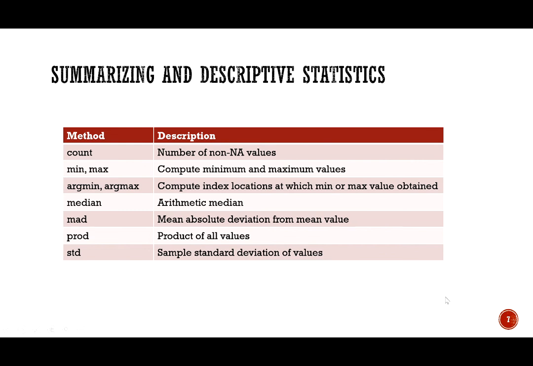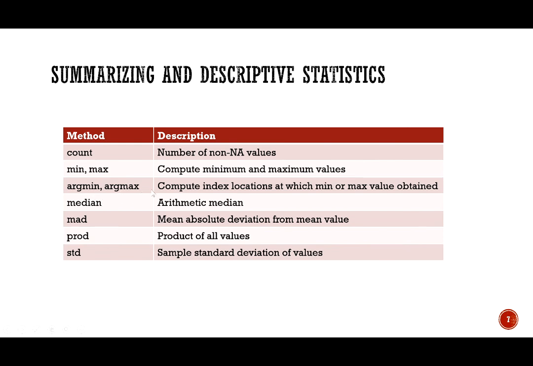In this table, you can see common methods that we can apply to data frames. Count returns the number of non-NA values, non-available values. Min or max compute minimum and maximum values.